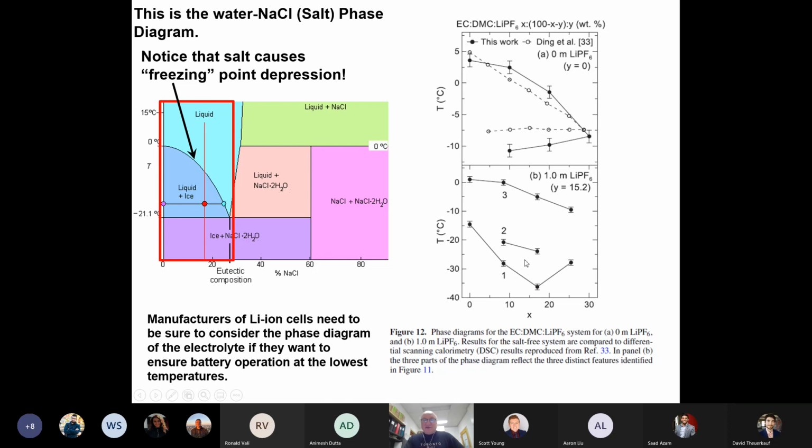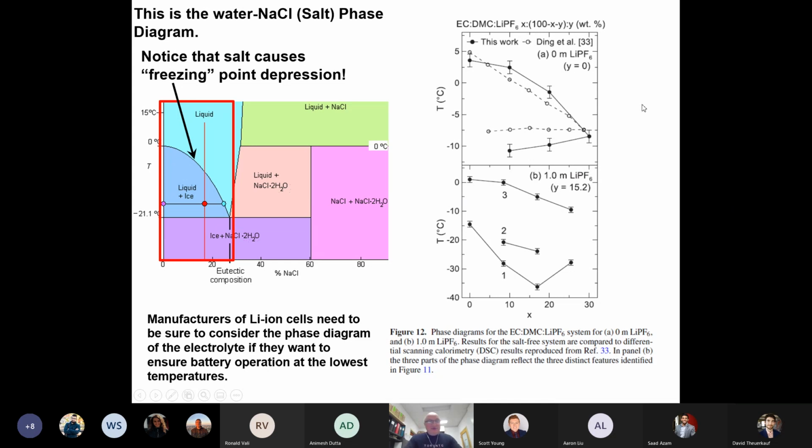So if you have an electrolyte which has 25% EC, 1 molar LiPF6, what you will find is if you cool it somewhere around -8 or -10 degrees C, a portion of the electrolyte will solidify, and you'll get DMC plus an electrolyte with a higher EC content. And if you keep cooling down to -30, everything will solidify.